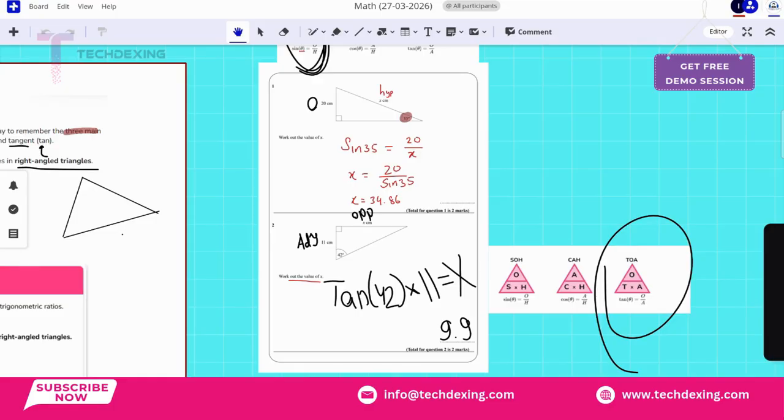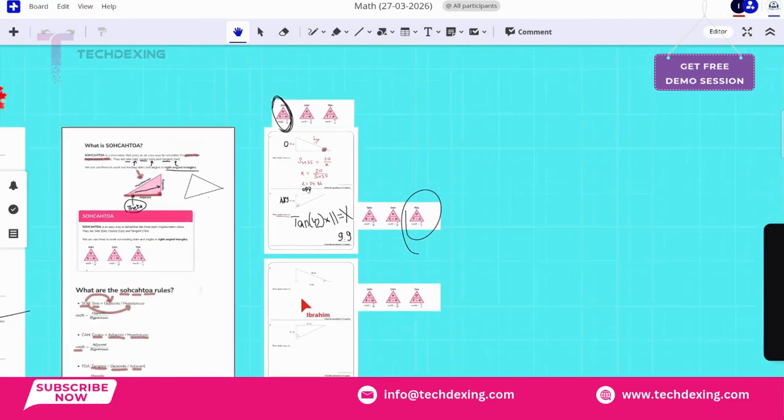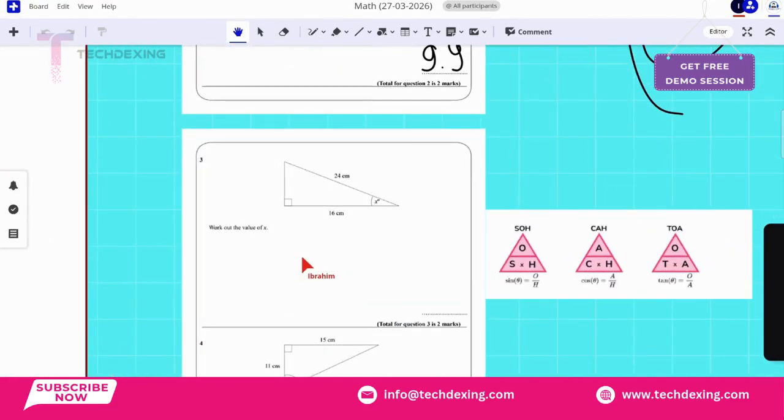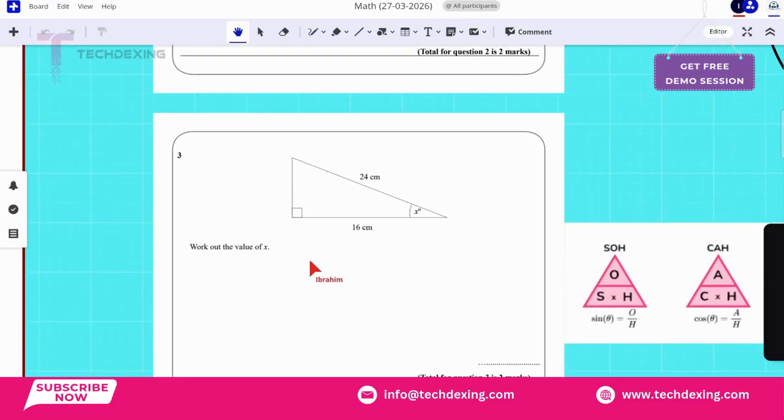Okay, here that's a little bit challenging. This is hypotenuse. This is adjacent.